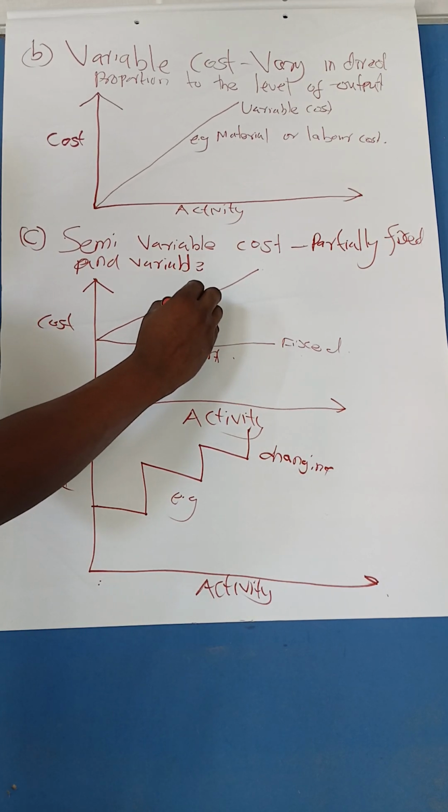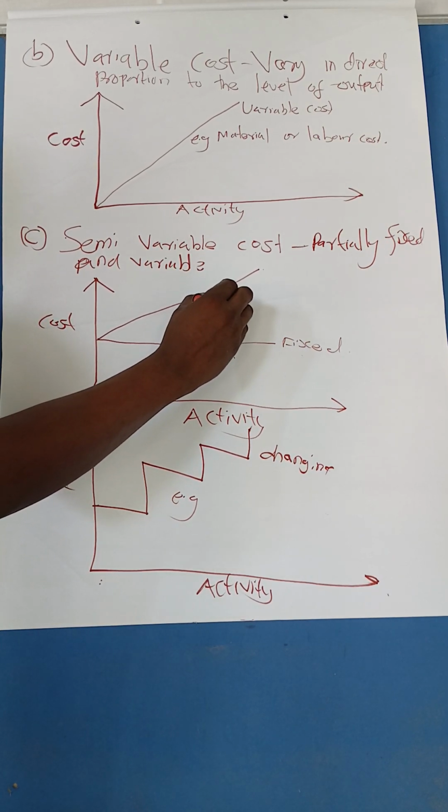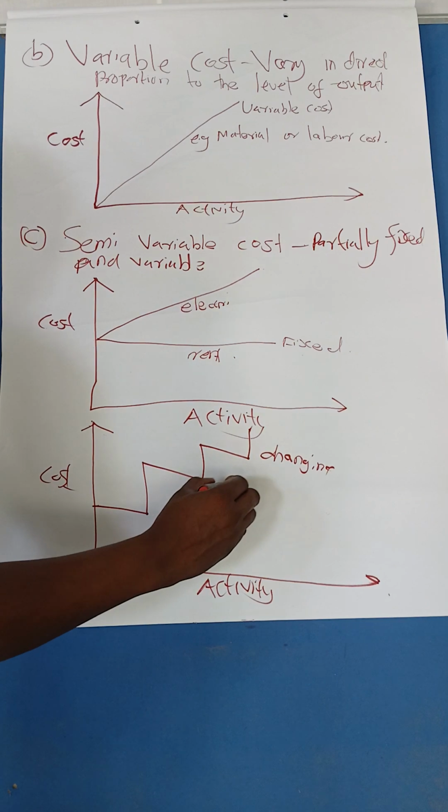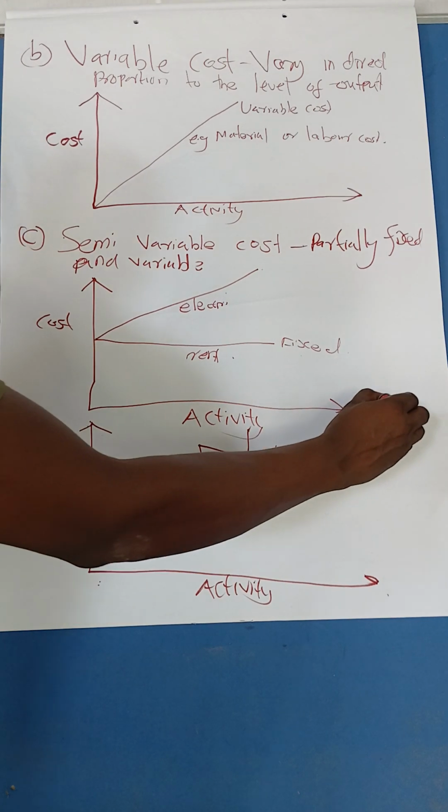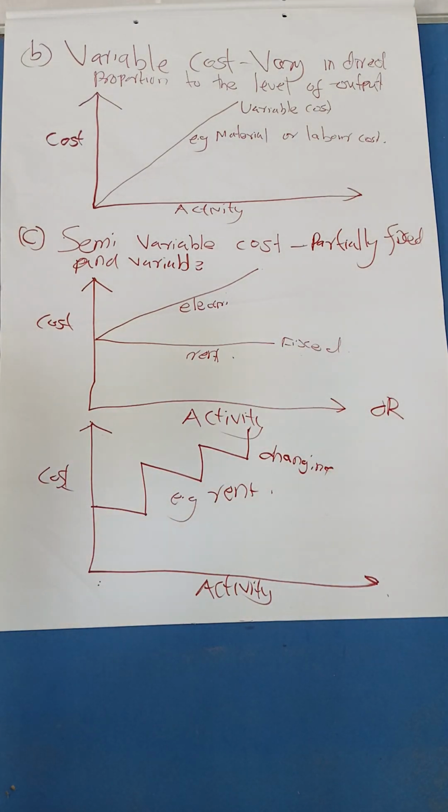Here, let's say, e.g., rent, or electricity. Good. So these are the two diagrams you can use to represent semi-variable cost.